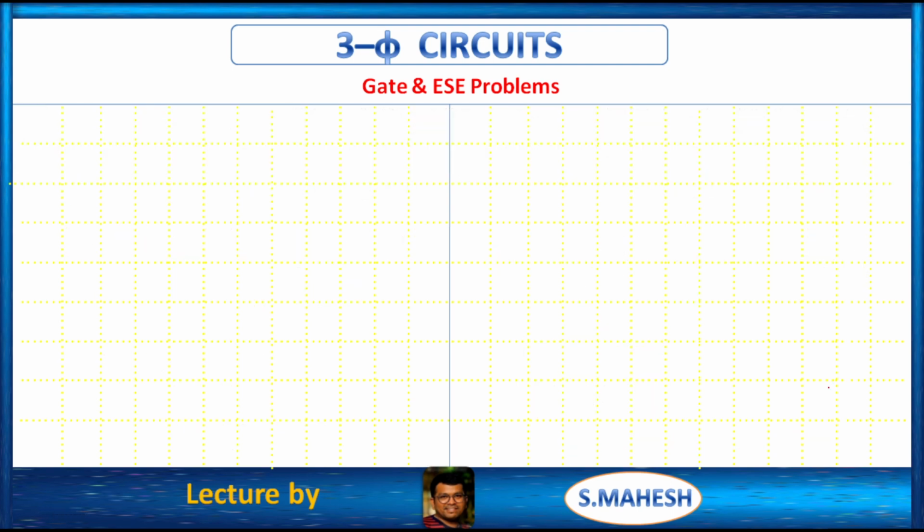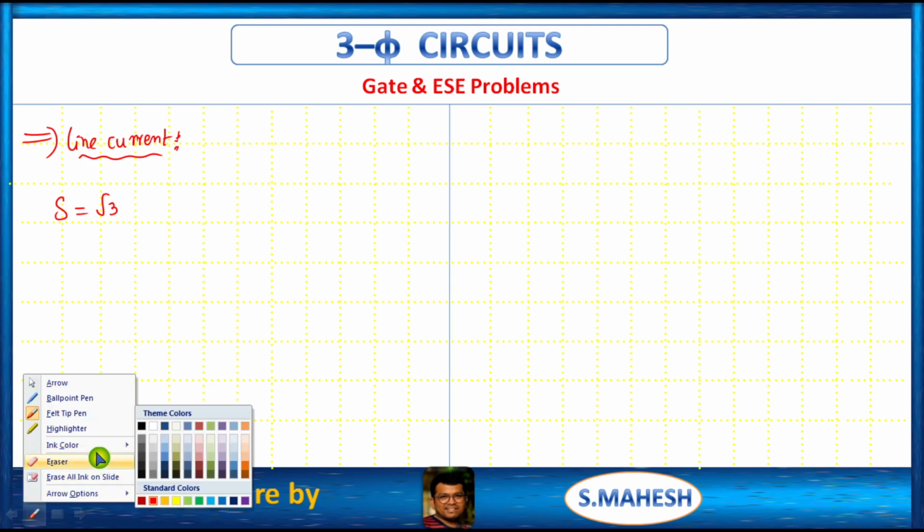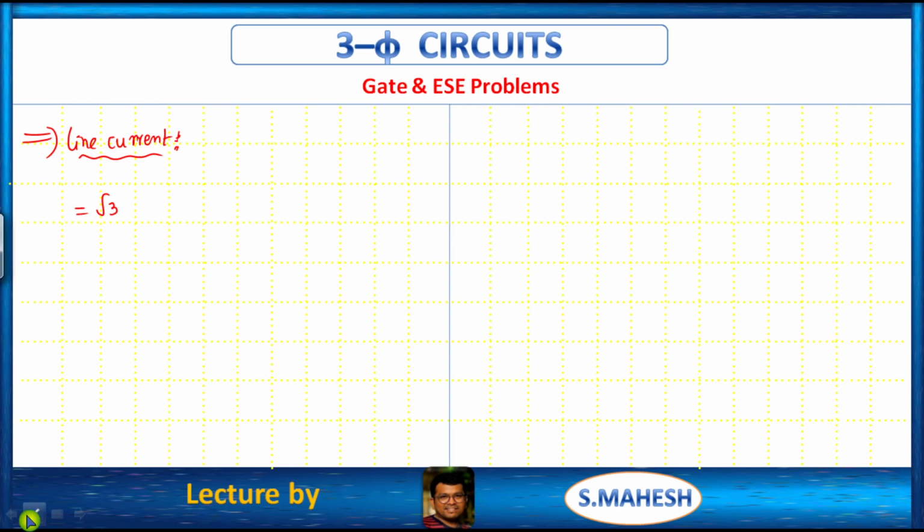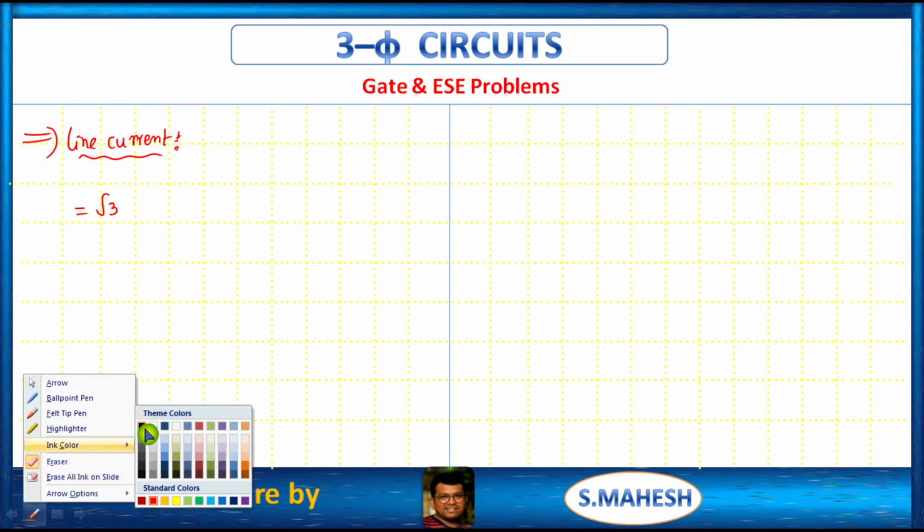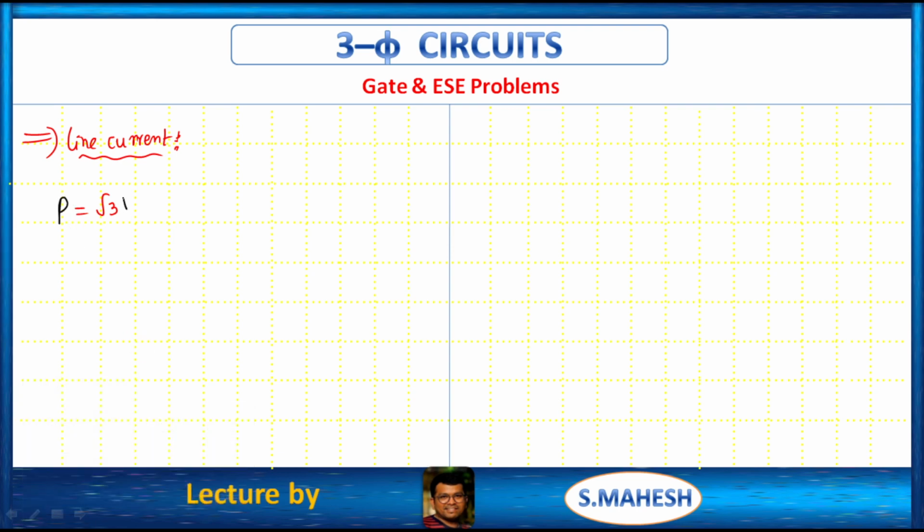Next we have to get the line current. We have real power P, which is equal to root 3 VL IL cos phi.